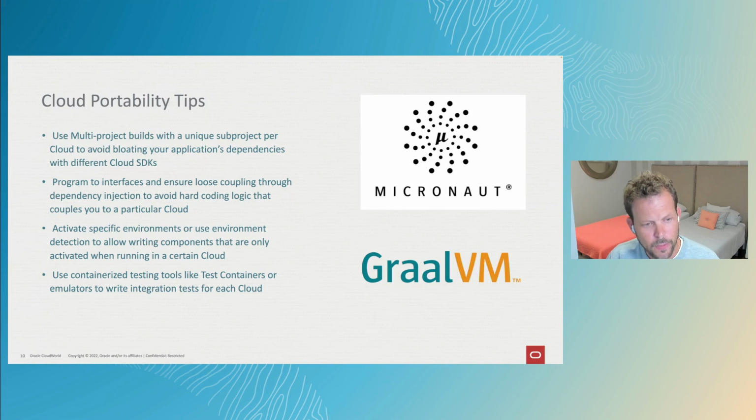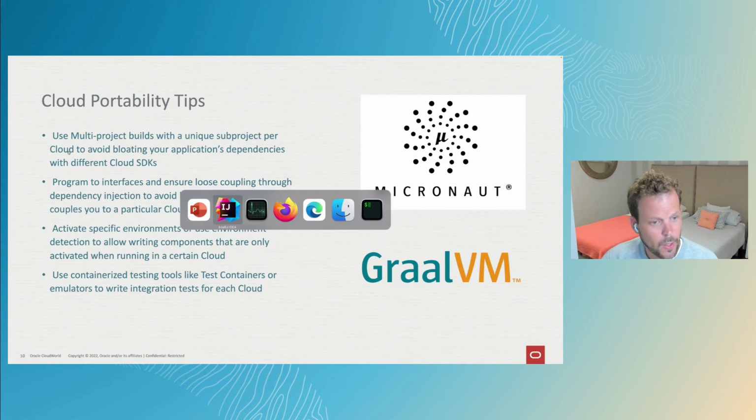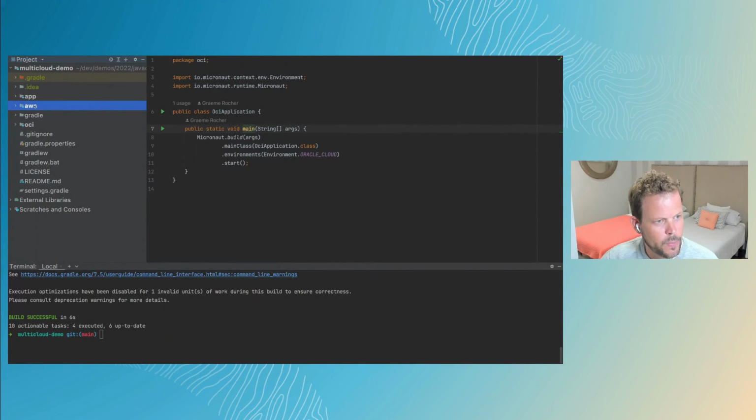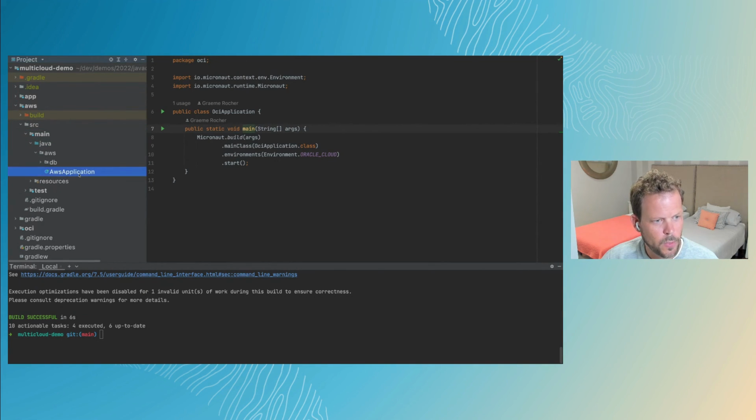You should activate specific environments or use environment detection if possible, so that you're writing components that are only available in a certain cloud. That's one thing that I perhaps didn't show, but basically, for example, with the AWS module here, it activated the EC2 environment.